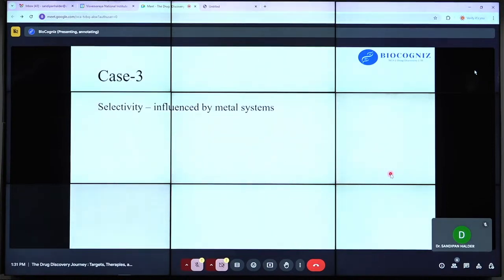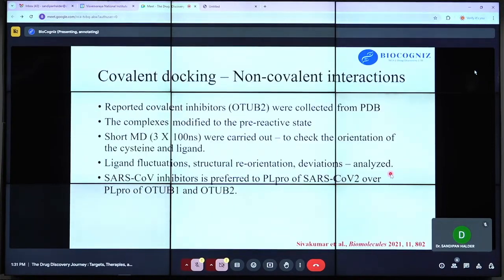Finally, we identified the main significant differences between the SARS-CoV-2 inhibitor and PL-Pro, OTB1 and OTB2, and also reported them, just by understanding the active site. We haven't done anything else on the small molecule side, as you can see.